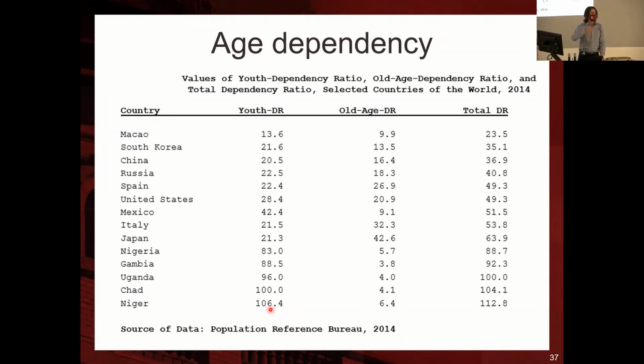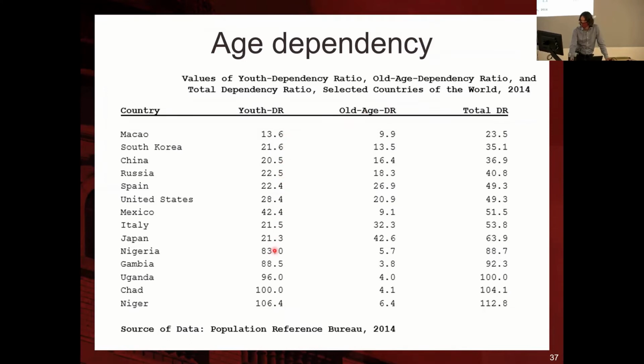For every 100 people between 15 and 64, we have 106 children, which is pretty much saying that these countries have a really high fertility rate. So a lot of children are still being born in those countries, even in these more recent years. So you have more children proportionally in comparison to the working age population compared to these other countries.